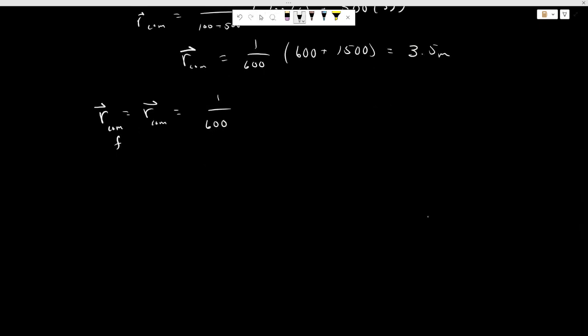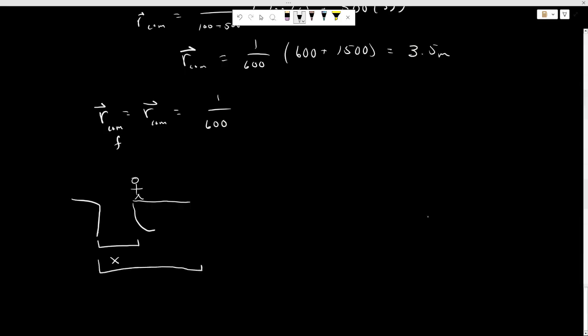But now let's look at a picture of what that looks like. If I have my dock here, and I have my boat here, and I have my person here, this is my unknown distance, x. And then the center of mass of the boat will be at some y. So now I can have 100 x plus 500 y.